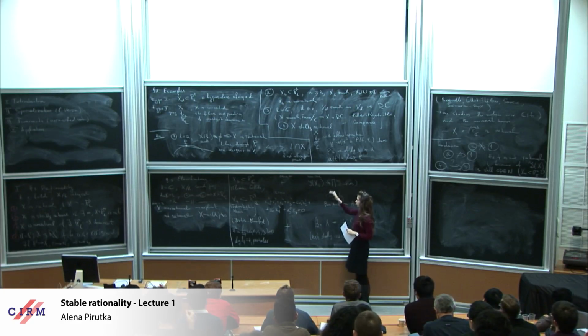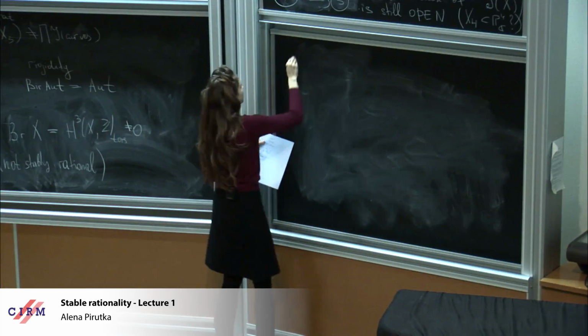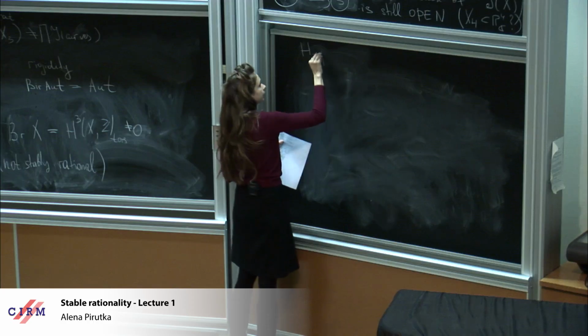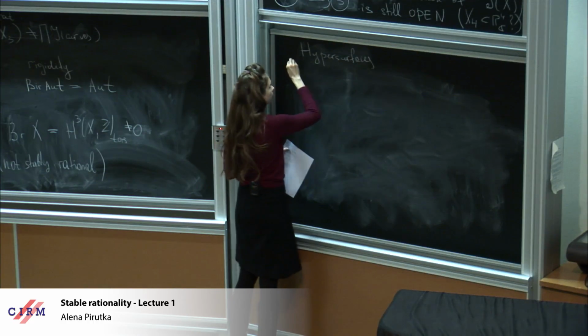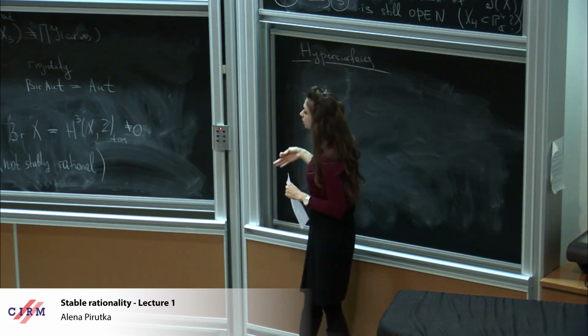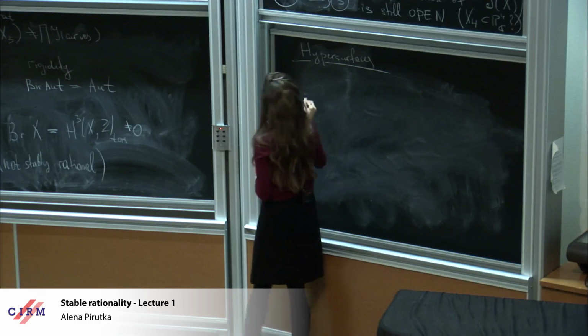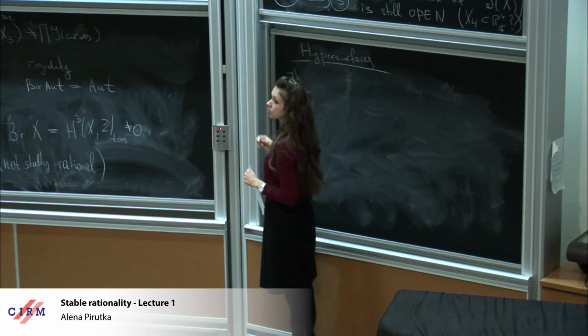Well, those 2 invariants tell nothing about stable rationality. So hypersurfaces. So now we have a number of results for some hypersurfaces, using this specialization method of Claire Voisin that we're going to discuss probably tomorrow.